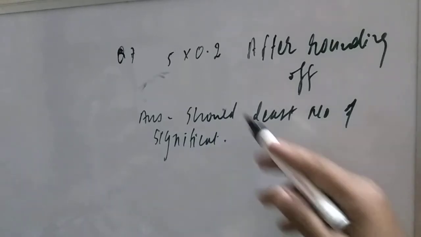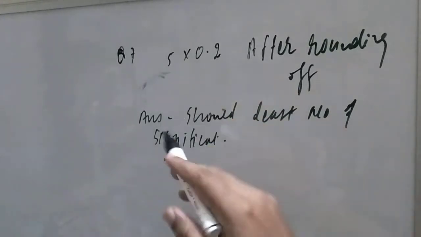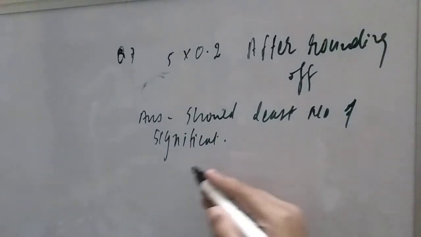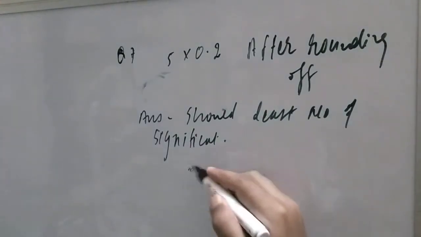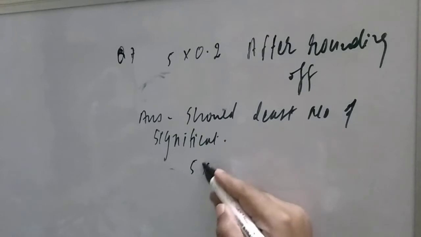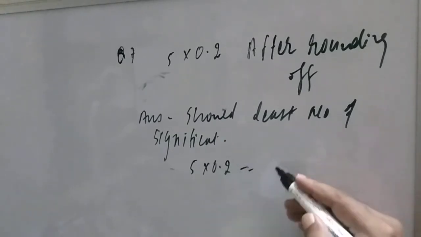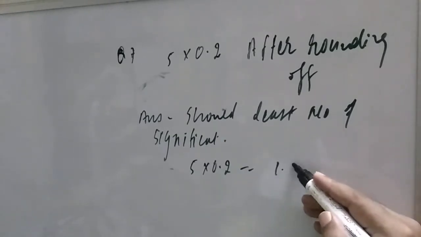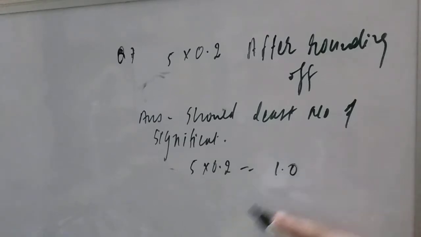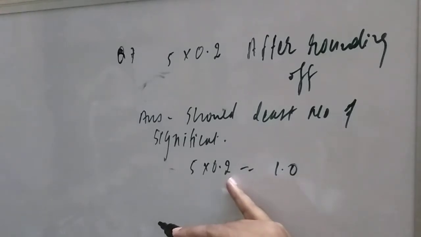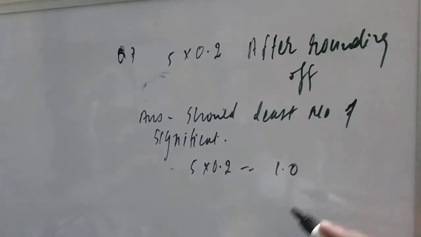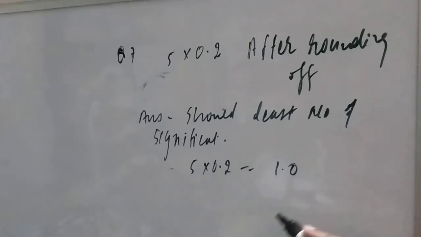Then these are the numbers being multiplied, 5 into 0.2. If you multiply 5 into 0.2, how much is coming? It will come 1.0, because after the decimal there is only 1 digit. So how to write the correct answer?